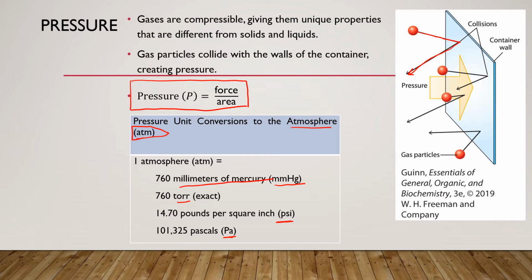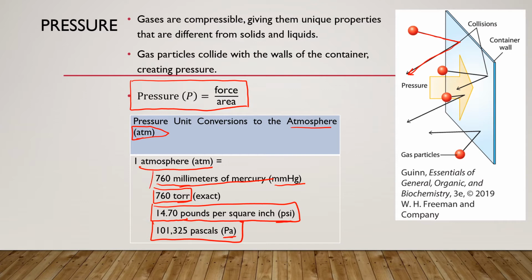So all of these are pressure units, and 1 atmosphere is equal to 760 millimeters of mercury, or 760 torr, or 14.70 psi, or 101,325 pascals.